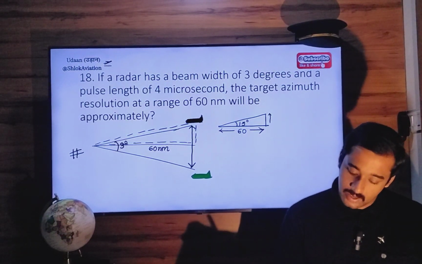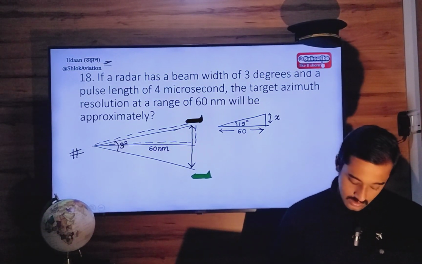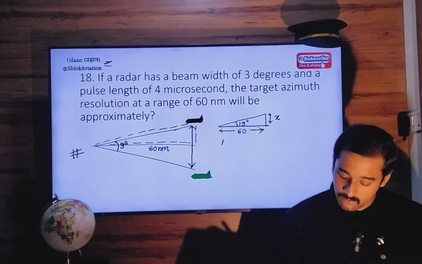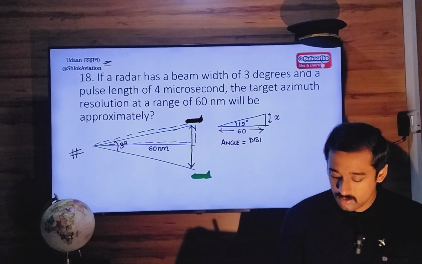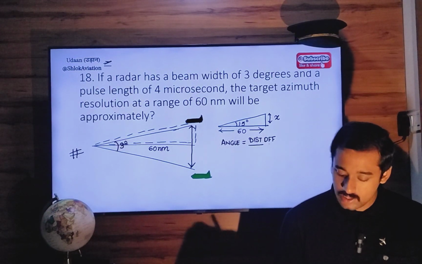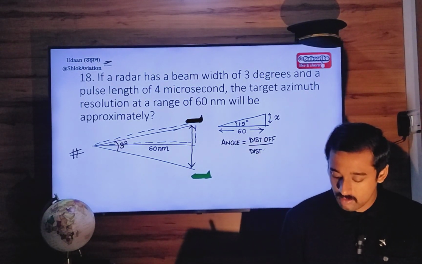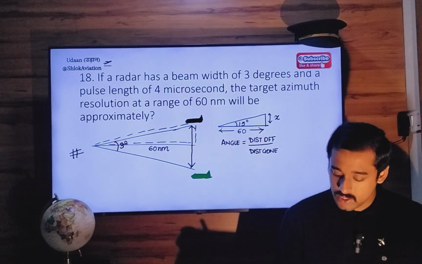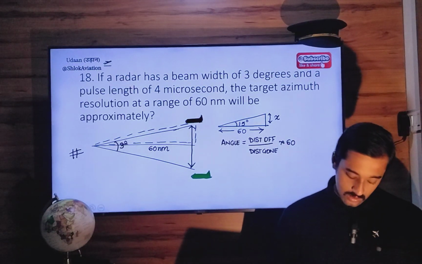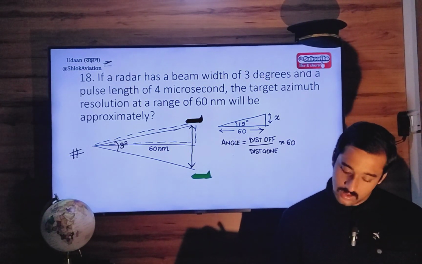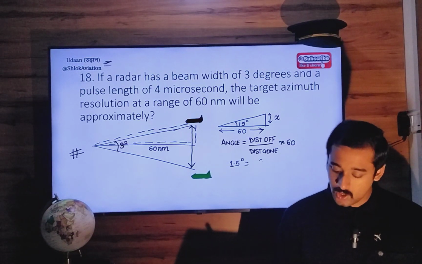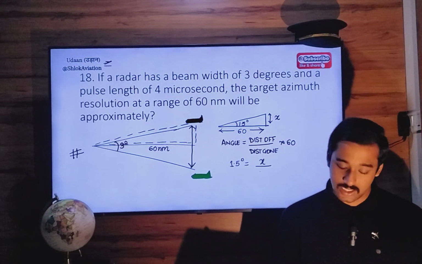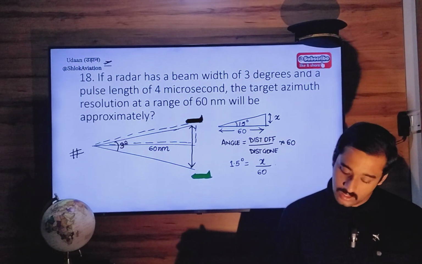And now we can find out this x. We know the formula: angle equals distance off track upon distance gone into 60. So 1.5 degrees, distance off track x, distance gone 60, into 60.